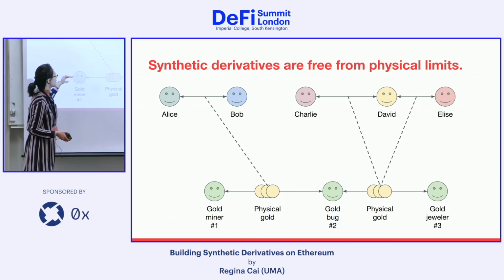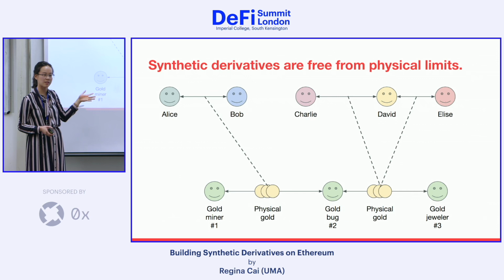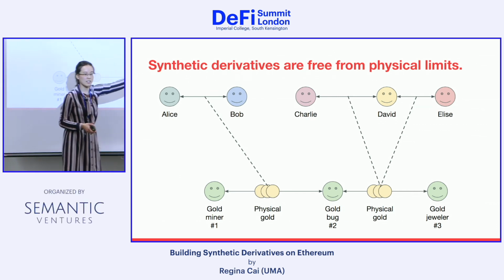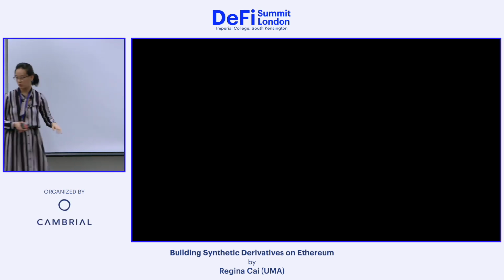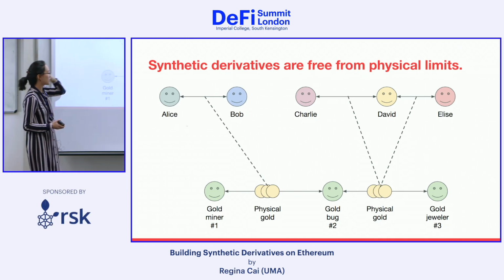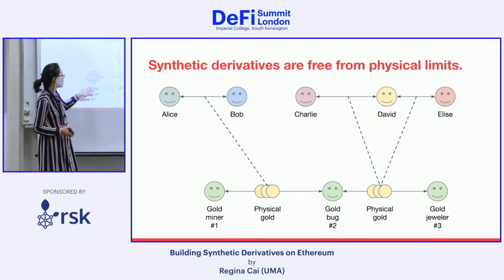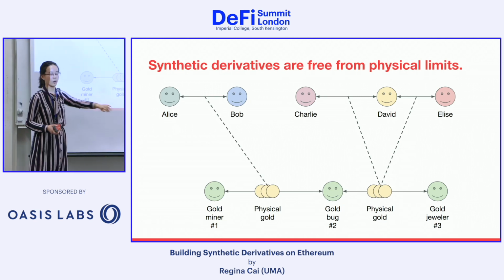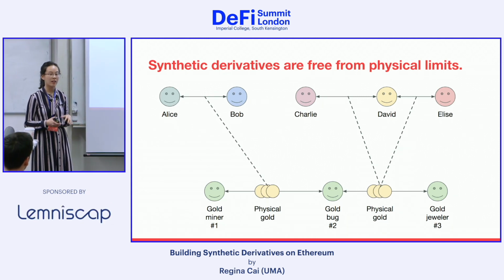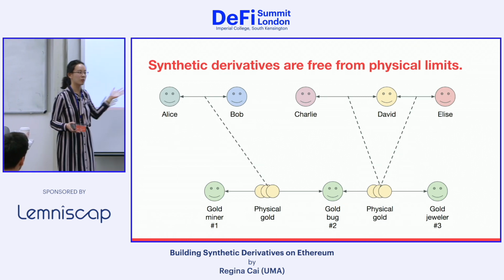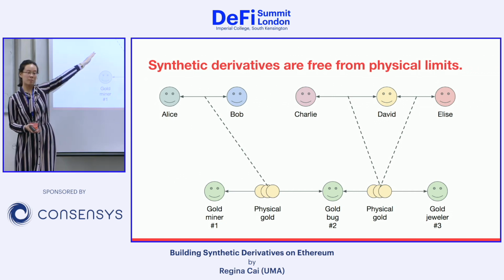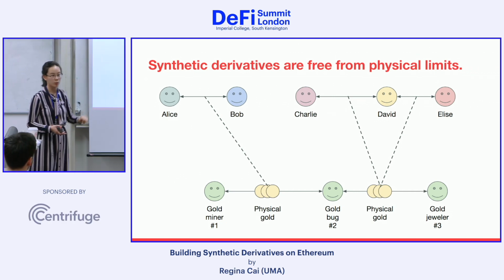So that's why I say that synthetic derivatives are free from physical limits, because none of Alice, Bob, Charlie, David, or Elise need to actually touch physical gold, or even have a relationship with any of these people in order to actually get risk exposure to the price of gold. That's what we mean by synthetic derivatives and universal market access. These people who previously couldn't physically hold gold can now still benefit from the price movement of gold.